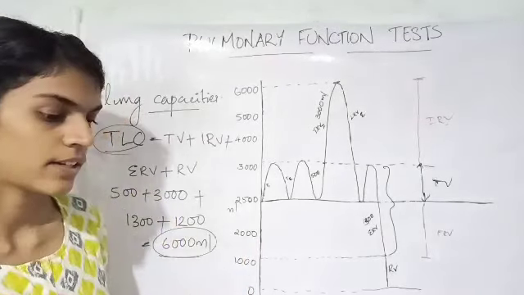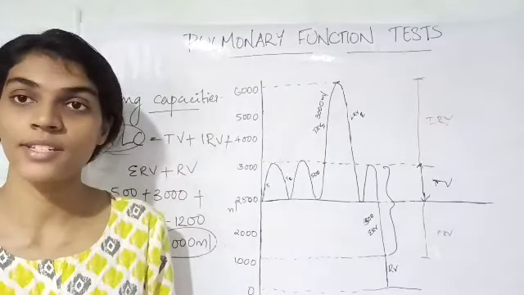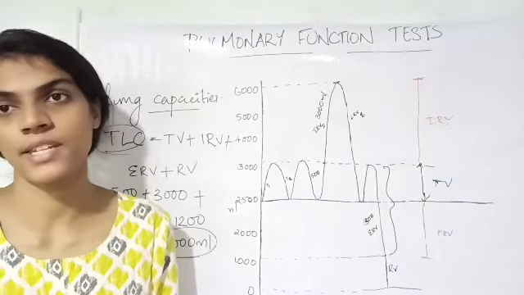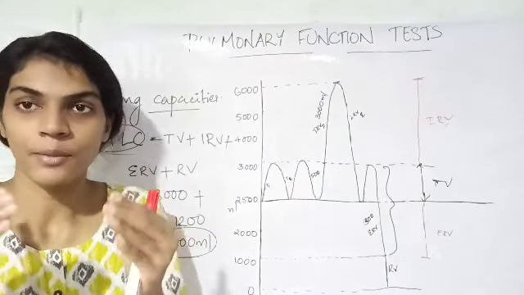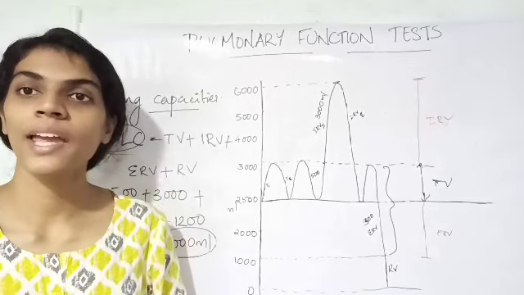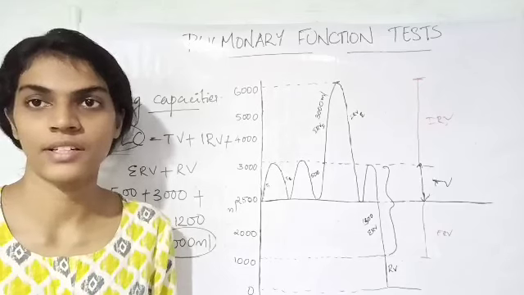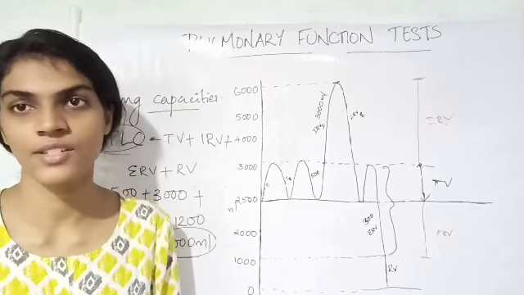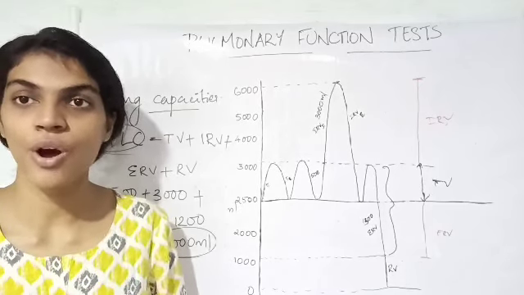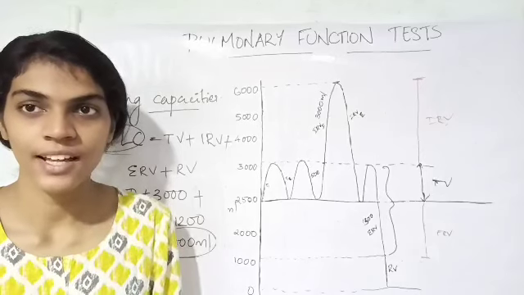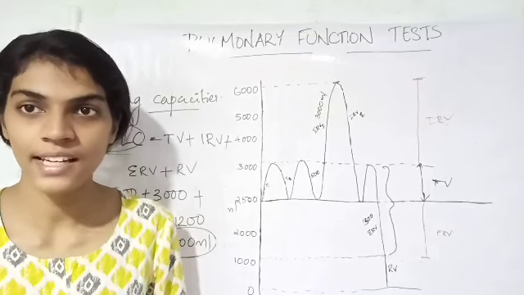And the third one is the functional residual capacity. That means after an expiration, how much air is still occupied within the lungs. It has not gone out yet; the air is still inside the lungs.